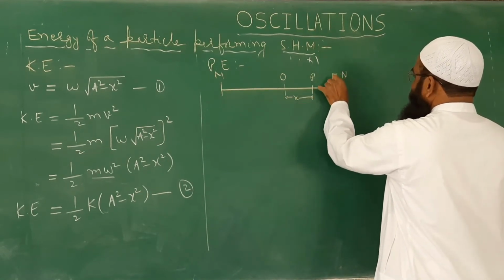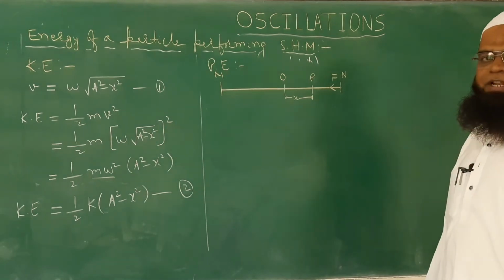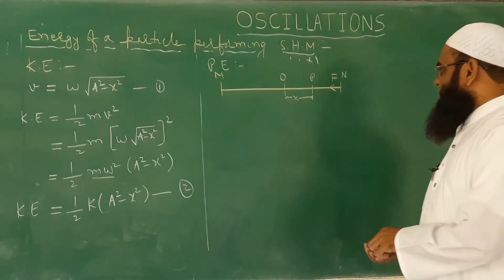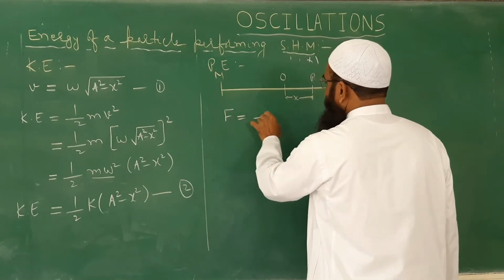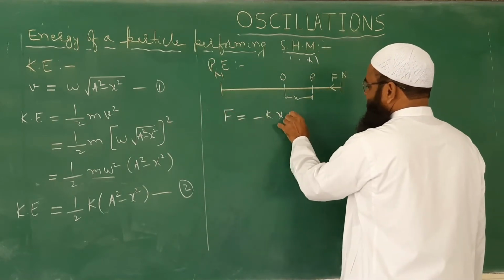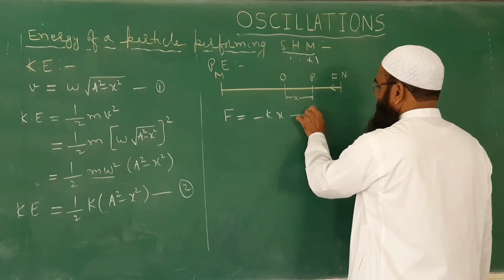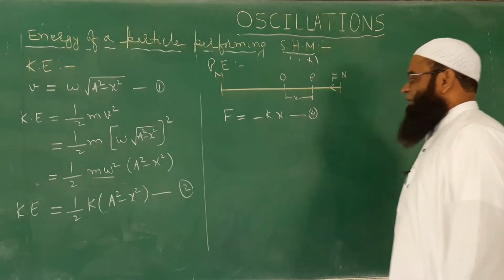As we know, displacement and force are oppositely directed to each other. So at point B, the force acting on the particle is given by F equals minus kx. This is equation number 4.